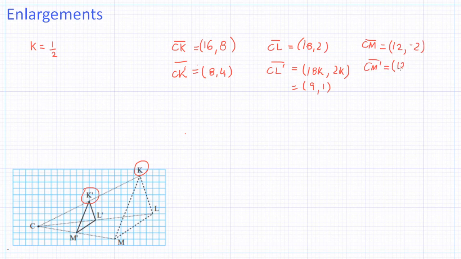So it would be 12k. We've done the same thing here, right? It's just k is a half. But this applies to any case, and negative 2k. So since k is a half, that's going to be 6 and take away 1. So if we look at our drawing here, 6 and negative 1. So there we go.